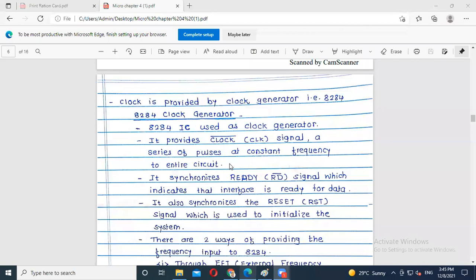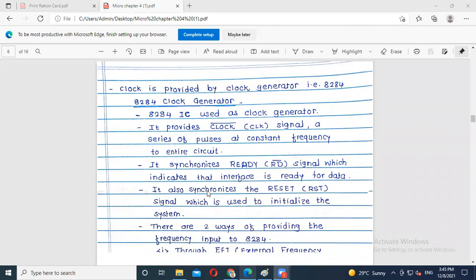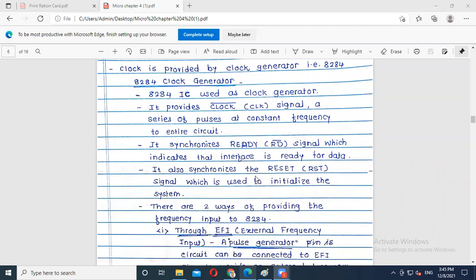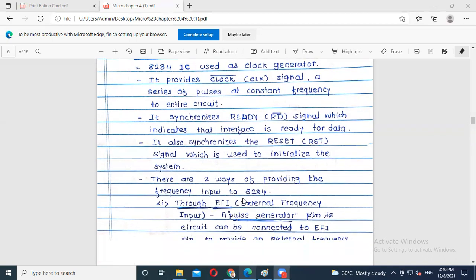Whatever clock we give to the 8086 in the maximum mode configuration, a constant frequency should enter the circuit. It also synchronizes the ready state, which indicates that the interface is ready for data to be transmitted into the 8086, and it synchronizes the reset signal, which is used to initialize the system.